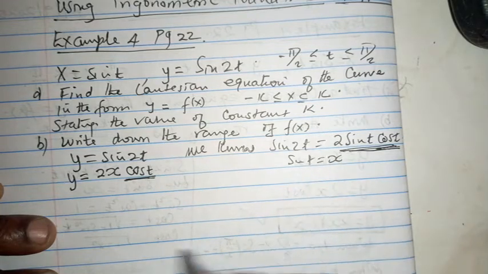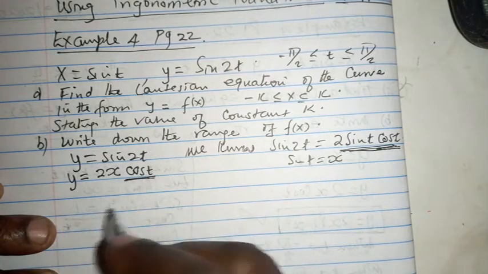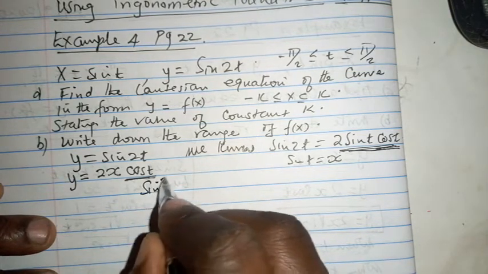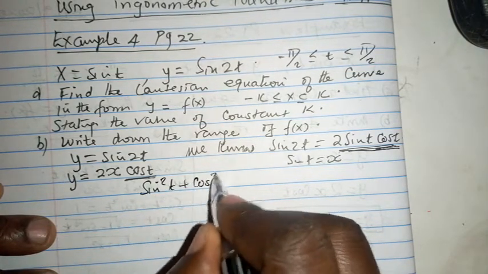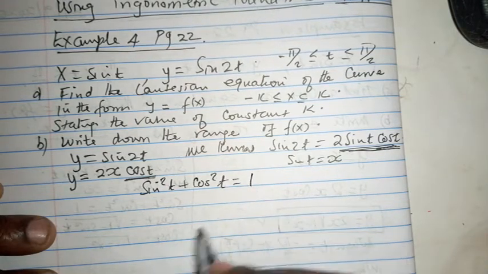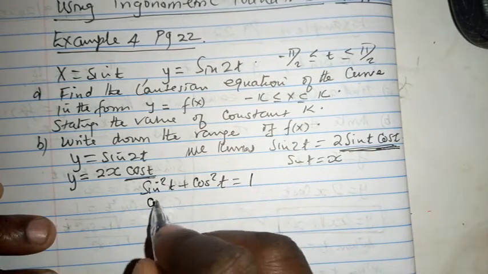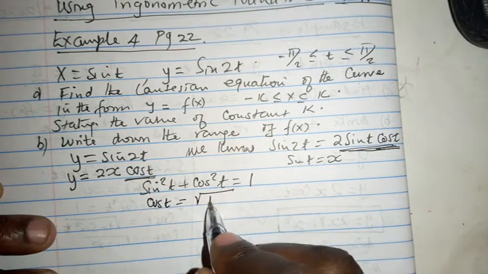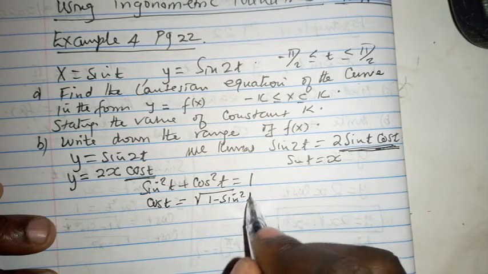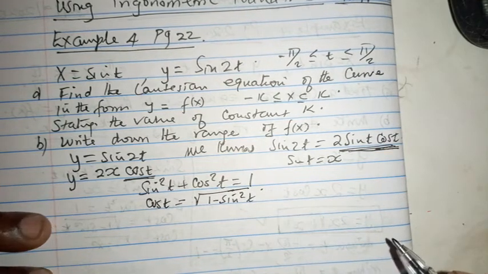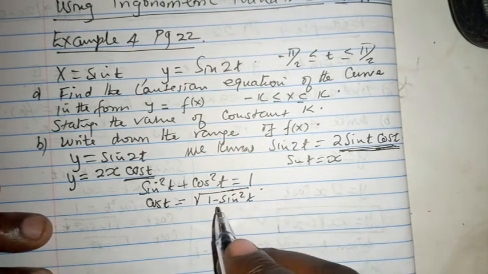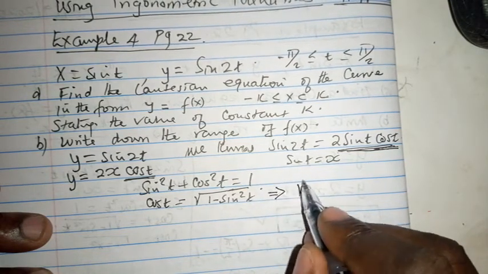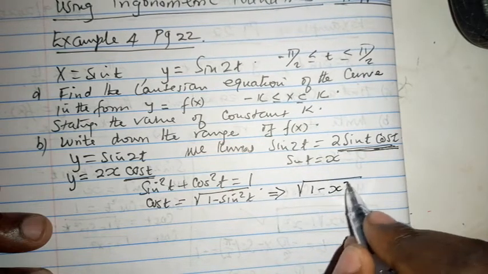And of course, we know the primary trigonometric identity that sine squared t plus cosine squared t gives us 1. From this, we can make cosine t the subject of the formula, to be the root of 1 minus sine squared t. Since sine t is x, this is the root of 1 minus x squared.